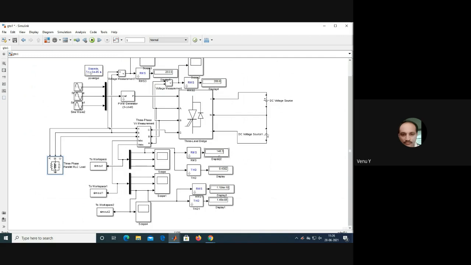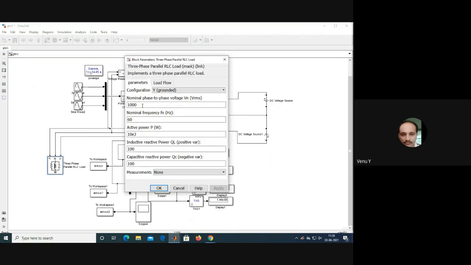RMS value 140, around that. This is 50 Hz. Active power. Let us look at active power. 0 and 0. Voltage and currents. Let us apply.